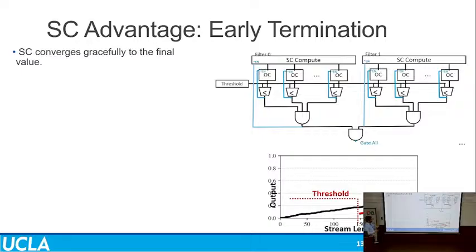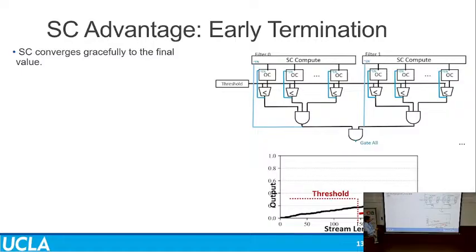So if I'm feeding lots of zeros, and let's say to get a reasonably accurate answer, I need a 256-long stream. If after 64 bits, I see the answer is still 0, with a fair degree of confidence, I can say that one of the inputs was 0. Right? And that's what SC buys us.